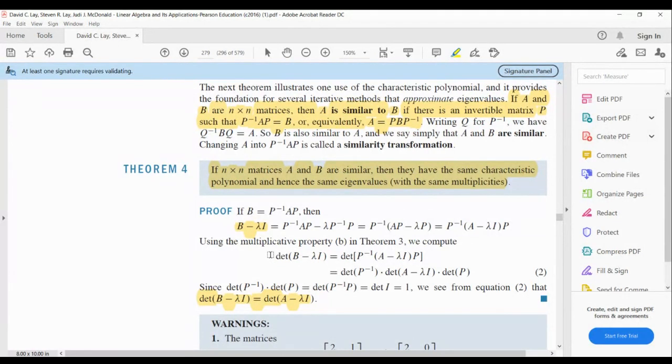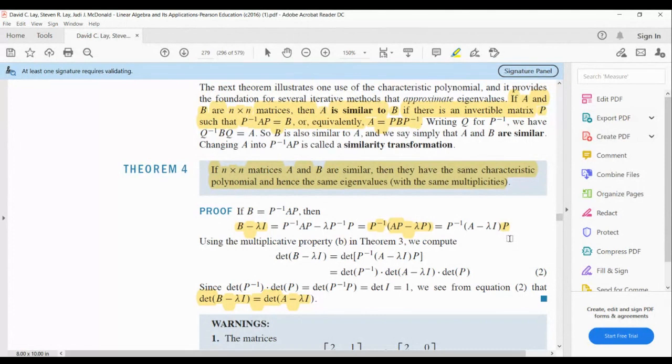Then they factor a P inverse out from the left side of both those matrix products, and you get P inverse times AP minus lambda P. Then they factor a P out from the right side, and so you get P inverse times A minus lambda I times P.